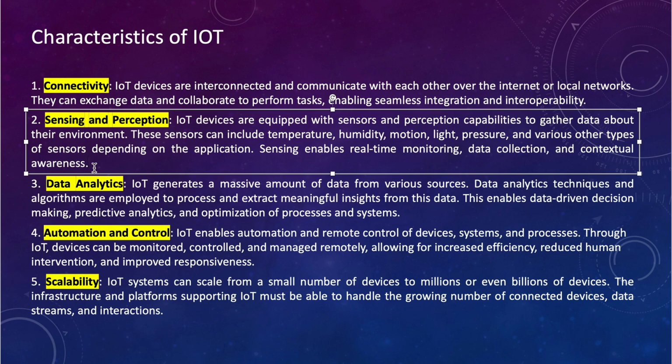We talked about different types of IoT devices, and how they have the capability to measure temperature, humidity, especially in the thermostat, or the weather monitoring IoT devices. We talked about motion sensors, we talked about smart lights. We didn't have an example for pressure, but this is also a sensor that can be used, and various other types of sensors depending on the application.